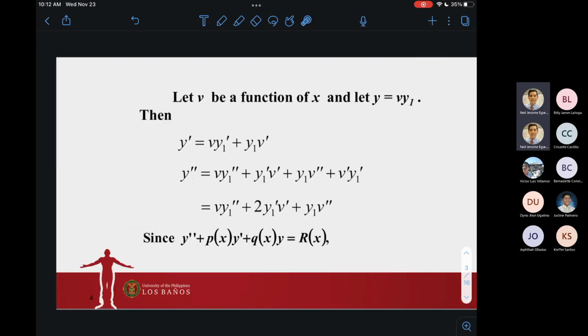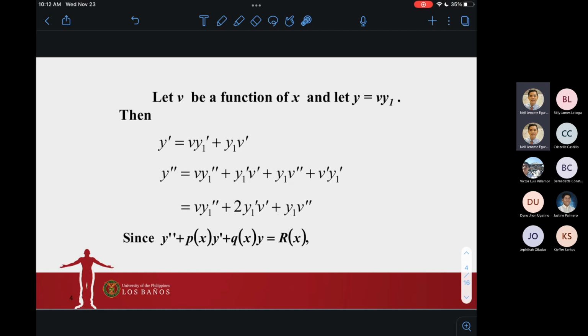Okay? Now, I will introduce a function v. I will suppose that v is a function of x and let y equals v y1. In this particular case, v is chosen such that v y sub 1 is a particular solution of the non-homogeneous GLDE, right?